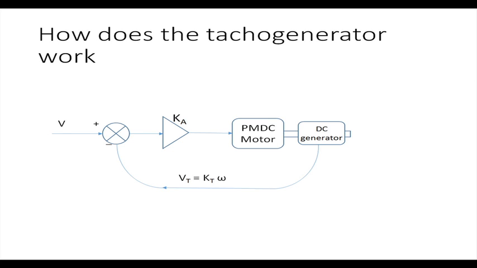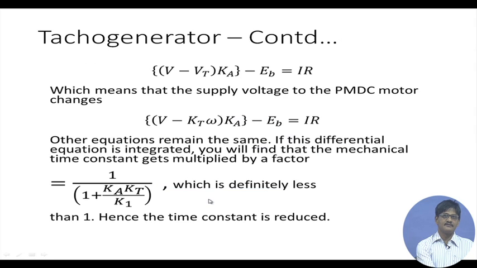Now, if you refer to the lecture on permanent magnet DC motors, you will notice that in that case we had a particular voltage input to the permanent magnet DC motor, which was V. This V value now gets modified to V minus Vt multiplied by KA, and this is given in this next equation: V minus Vt multiplied by KA minus back EMF is equal to IR.